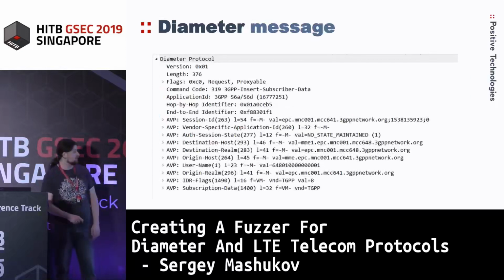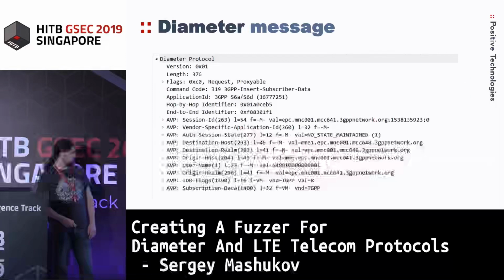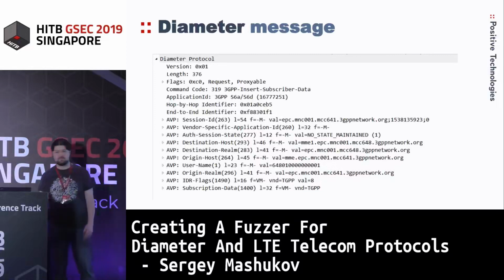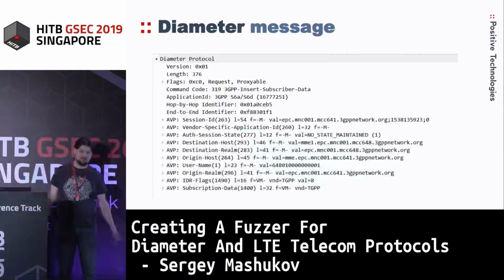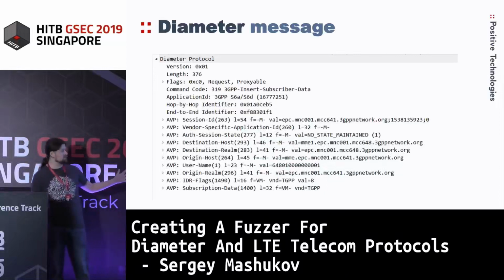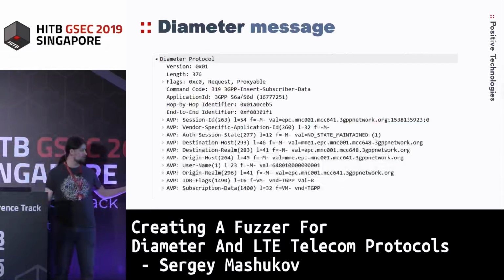Usually it's strings, or for example, integers of different kinds, but also AVPs can contain other AVPs. So you have a nested structure, and it may also be used in fuzzing. So that's what we have as basic message structure for fuzzing, and that's what we need to know to start doing it.